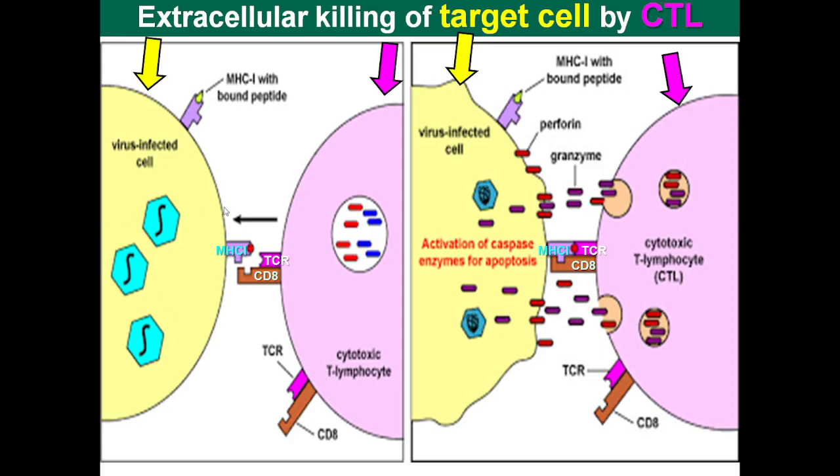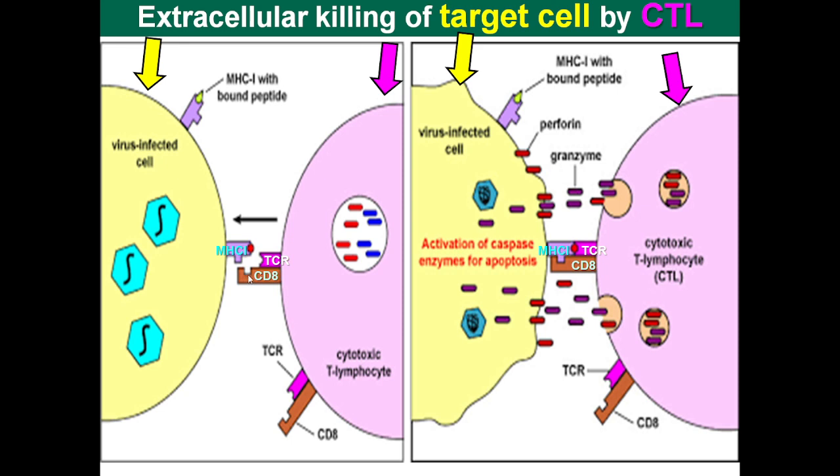Now here in this slide you see details. Yellow is an own virus infected cell, or own target cell. Purple is a cytotoxic T lymphocyte. In the left part of the slide you see that the TCR receptor of the T killer cell interacts with the red antigenic peptide of the virus, which occurs in the complex with MHC1 molecule.